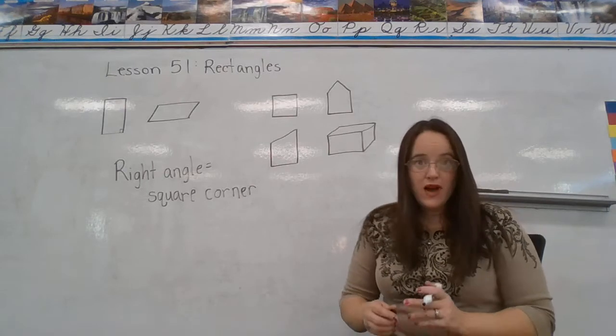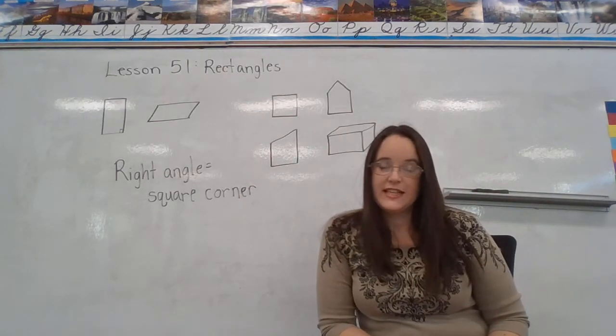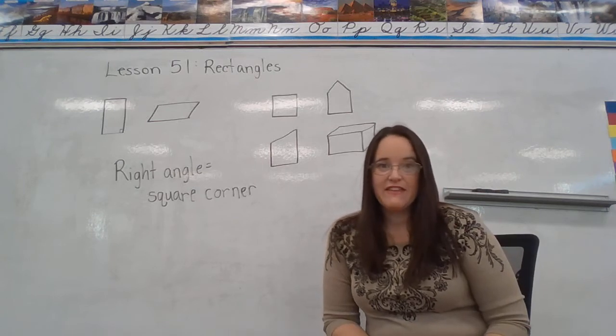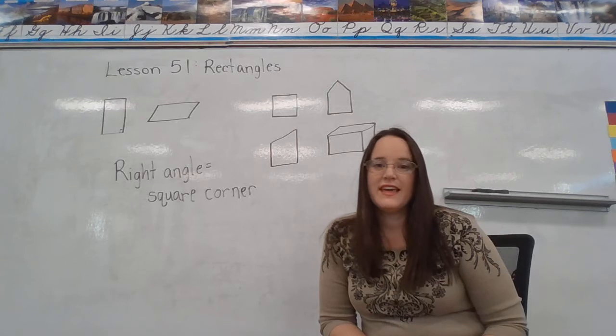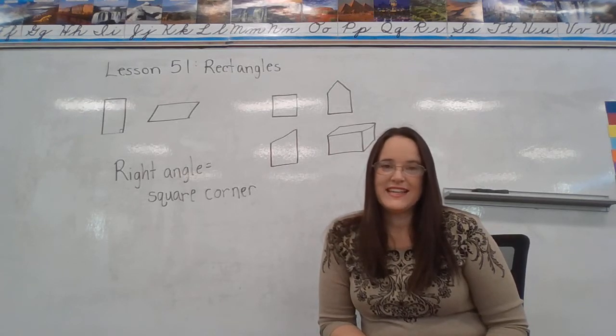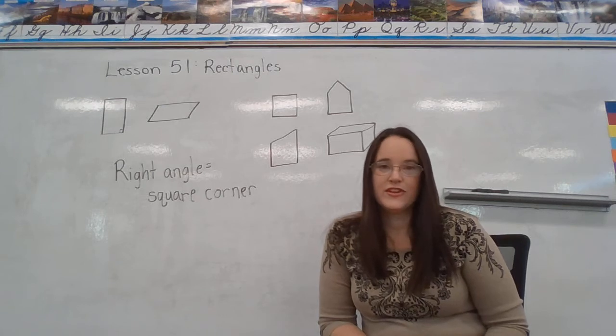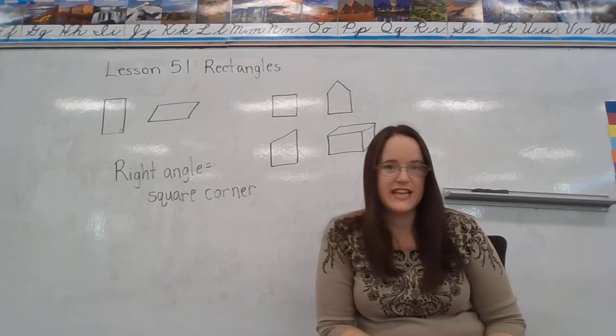So it's been a while since I've had my third graders put anything in their math dictionaries, but this is the next day for math dictionaries. You want to write down that a right angle is the same thing as a square corner. You're going to start seeing these words right angle in your textbook and on your tests.